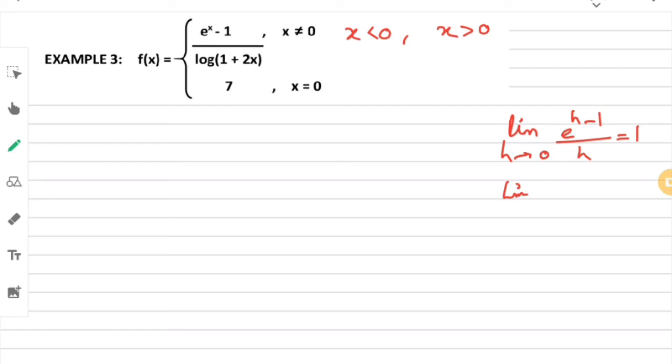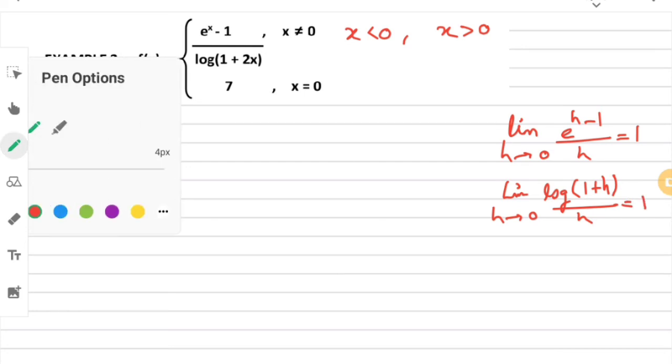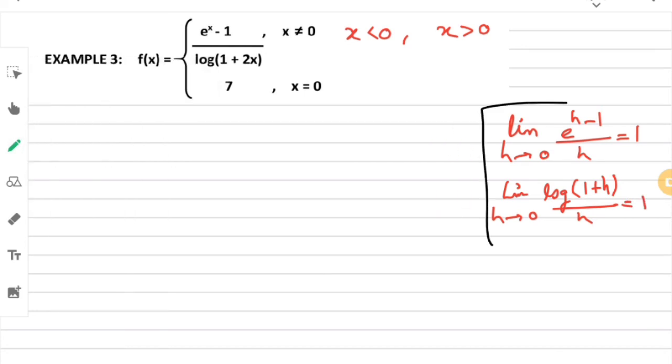Another formula: limit h tends to 0, log of (1 plus h) by h is equal to 1. Please don't forget these formulas, because we are going to use them again and again in this chapter. Okay, fine. Now I am going to take the left hand limit, that is LHL.